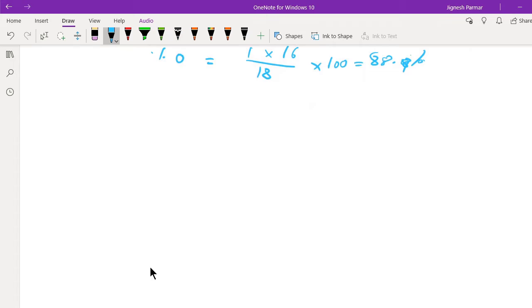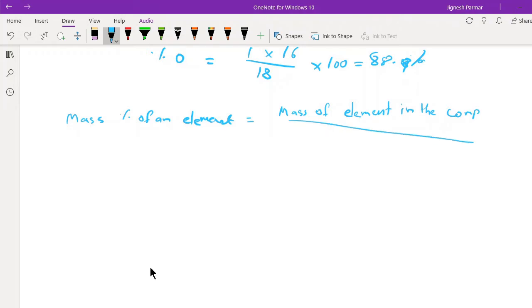So how can I write this equation in a general form? Mass percent of an element is equal to the mass of the element in the compound, divided by the molar mass of the compound, into 100.